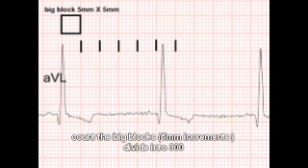We do that by finding a QRS complex that falls on one of those heavy lines that delineates a 5 millimeter block and counting across the number of big blocks until we encounter the next QRS complex. Take the number of blocks and divide that into 300, and that'll give you the patient's heart rate.